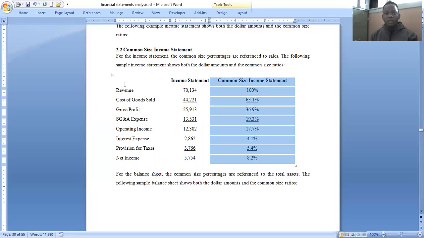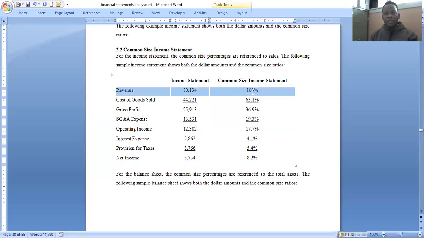For instance, for revenue, this 100% is equal to 70,134, that is the item of interest, divided by the common base for the income statement, that is revenue, which is 70,134, which will give us 100%. So the 100% is obtained that way.